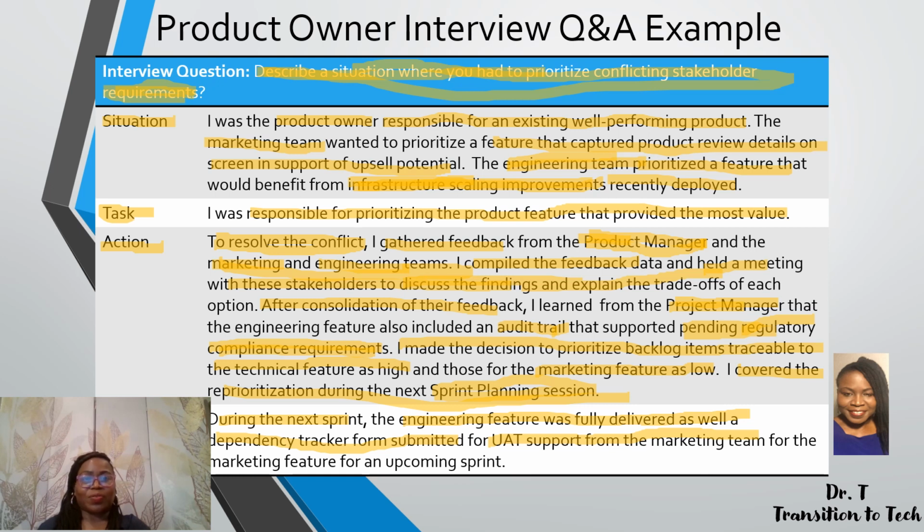So here you walked the interviewer through your transferable skills and you've shown that you are a viable candidate.